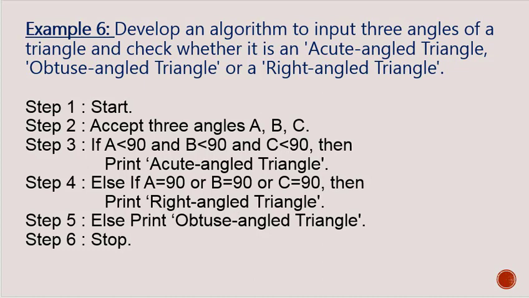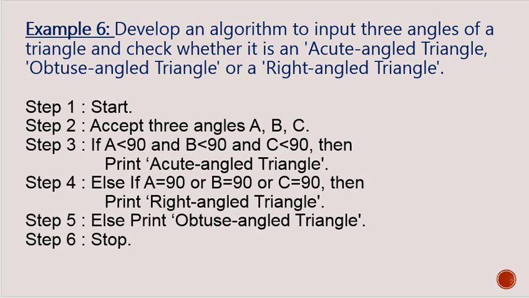So in step 3 we are writing if A is less than 90 and B is less than 90 and C is less than 90, then print acute angle triangle. We have to meet all three conditions, therefore we have specified the keyword AND here, because we have to meet all three conditions altogether.